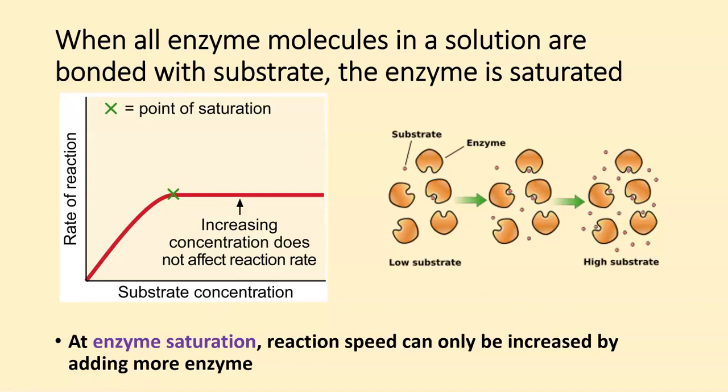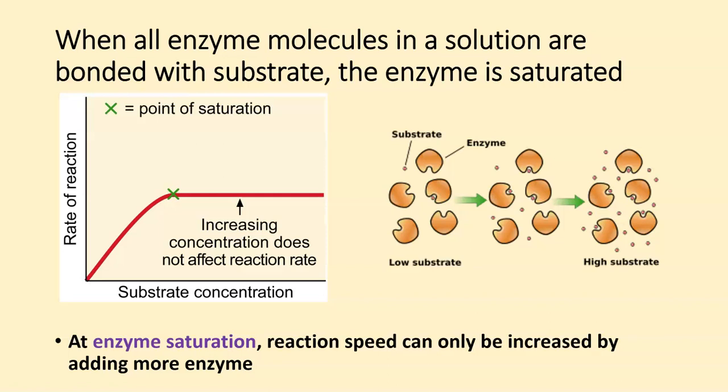One factor that will affect the rate of reaction is the availability of the substrate that the enzyme is binding to. So first, let's look at the graph on the left, which is showing you how the rate of a reaction is affected by the substrate concentration, which is on the x-axis.